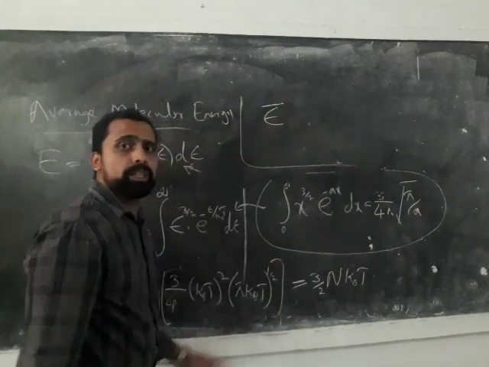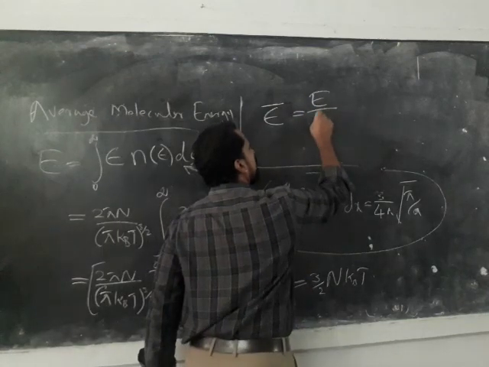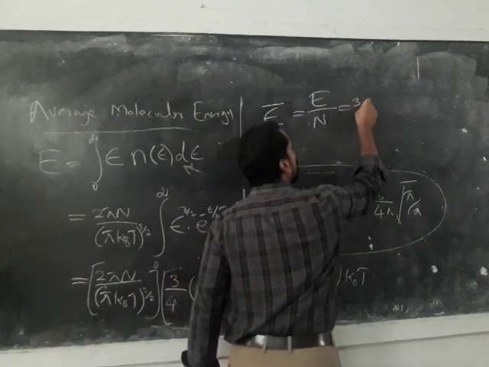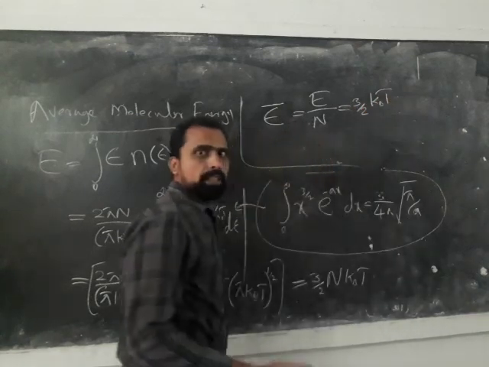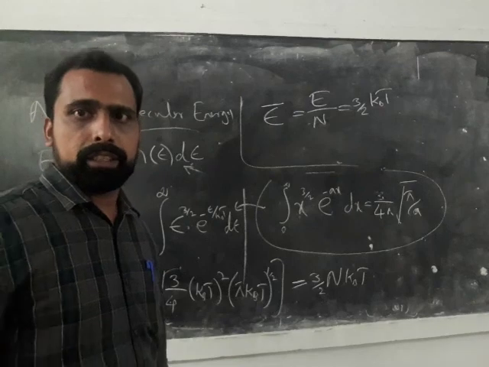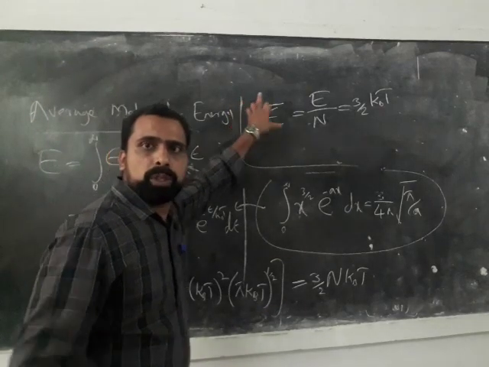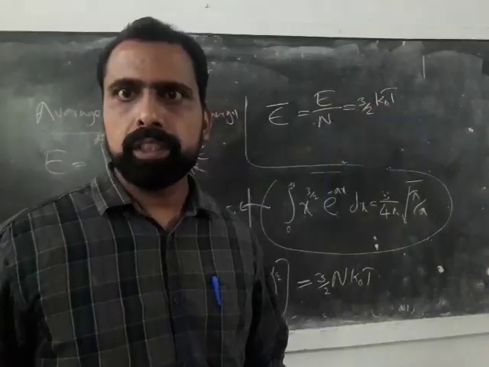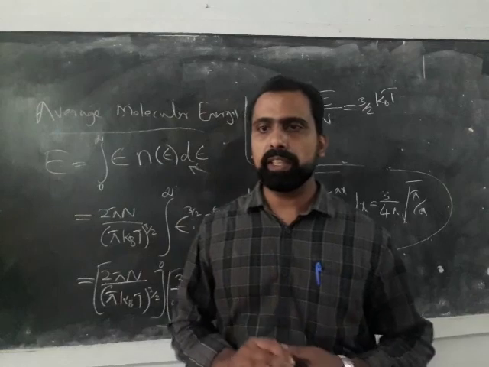This is equal to E by capital N, which is equal to 3 by 2 kBT. So this will give you the average molecular energy. This is about the average molecular energy.